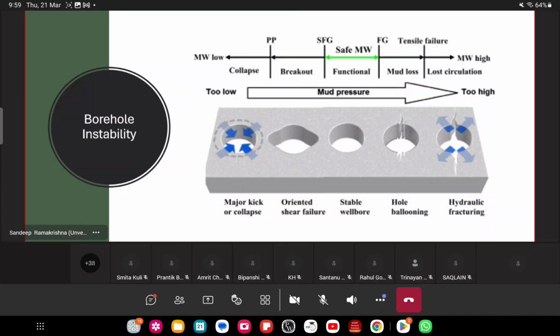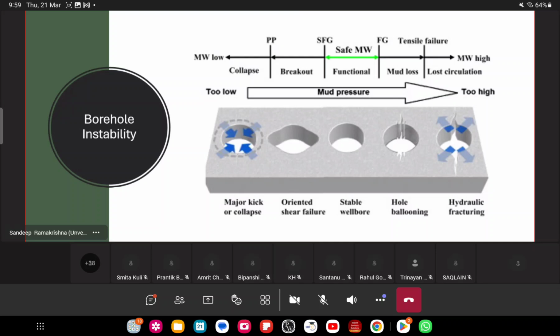I'm not discounting borehole instability over here. It's a huge topic and an important one, but it has a significant focus on geomechanics, right? Whenever you talk about borehole instability, the very first thing that comes to your mind is geomechanics, stress, right? Stress regimes.